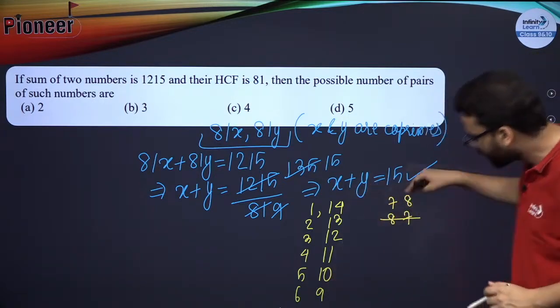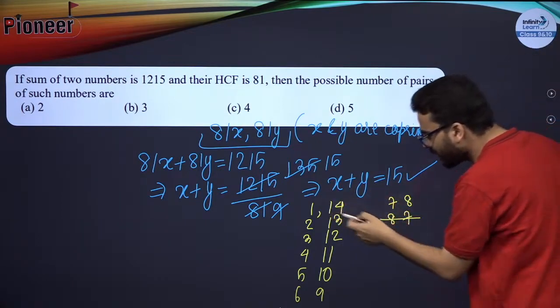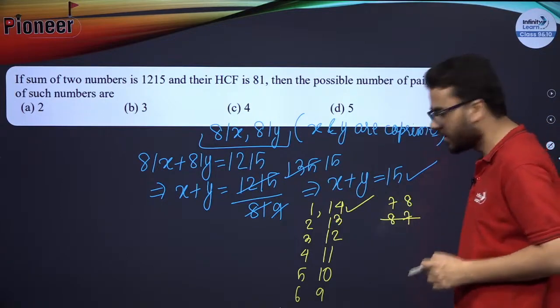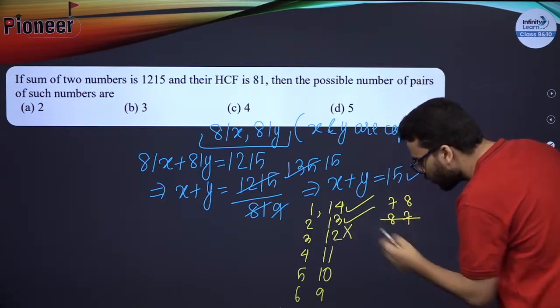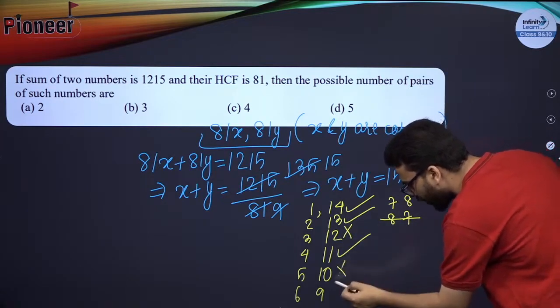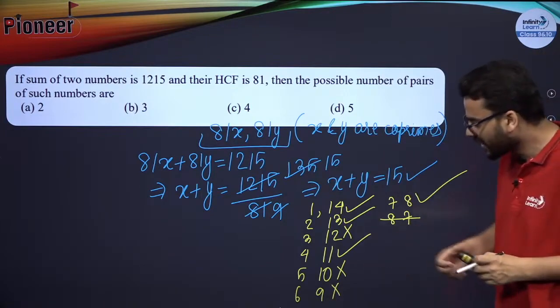Now out of these options, you have to select co-prime pairs. There is no common factor between 1 and 14 except 1. There is no common factor between 2 and 13 except 1. But these are not co-primes. These are co-primes, it means no common factor except 1.